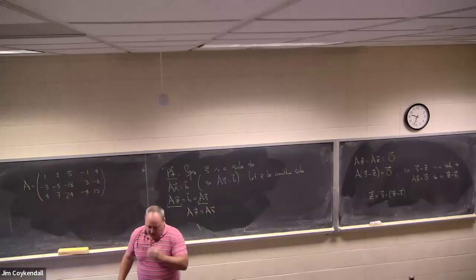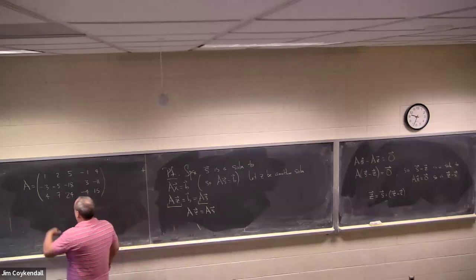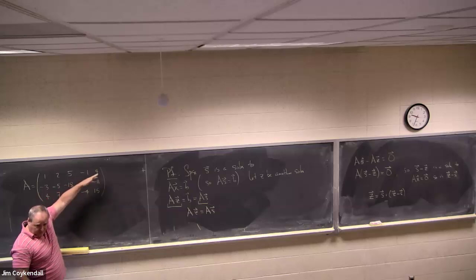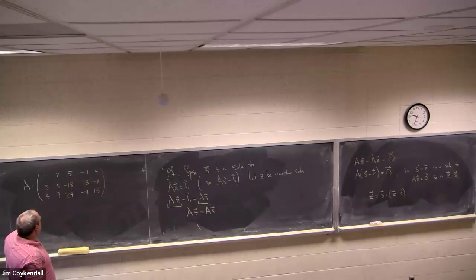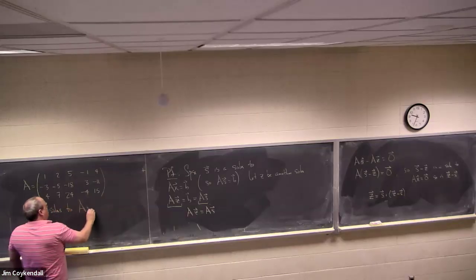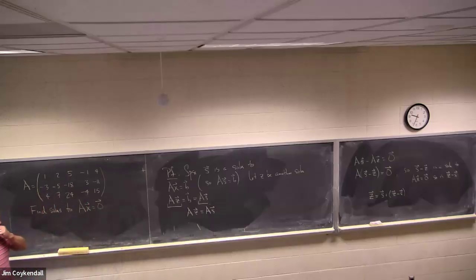Okay, so of course, I could also think of this as a system of equations, right? x1 plus 2x2 plus 5x3 minus x4 plus 4x5 equals 0, and so forth and so on. I want to find the solutions.